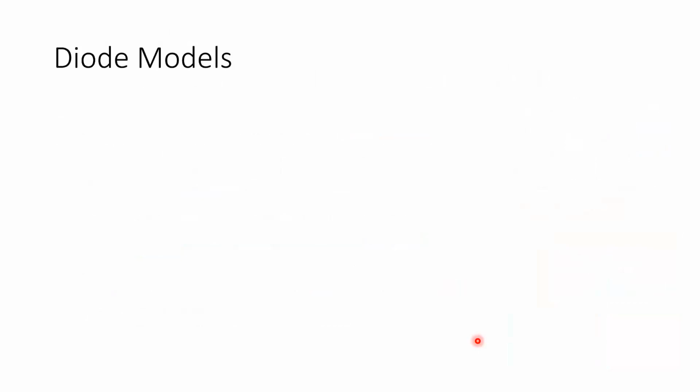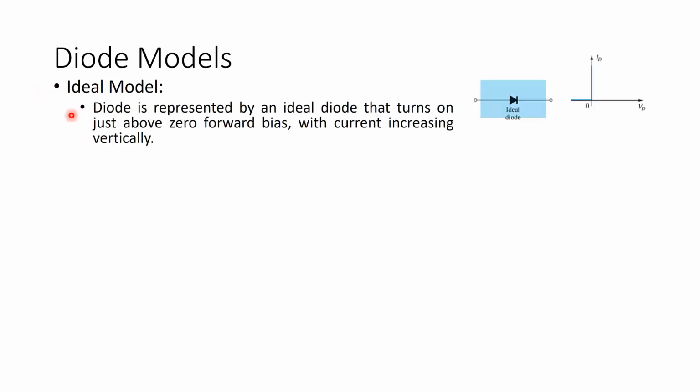Okay, diode models. The first model that we're going to have a look at is the ideal model. So the ideal model is when the diode is represented by an ideal diode. So what does an ideal diode do? An ideal diode turns on just above zero forward bias, with current increasing vertically. So right just above 0 volts, it is turned on and it rises vertically.